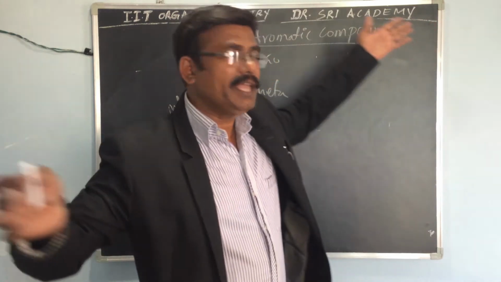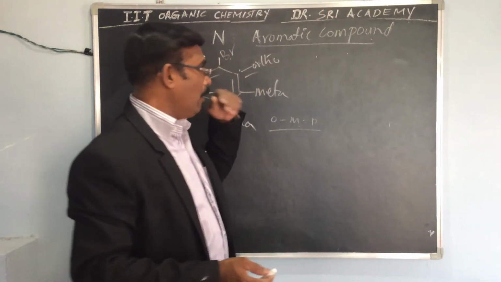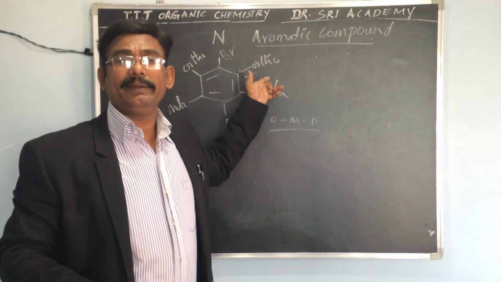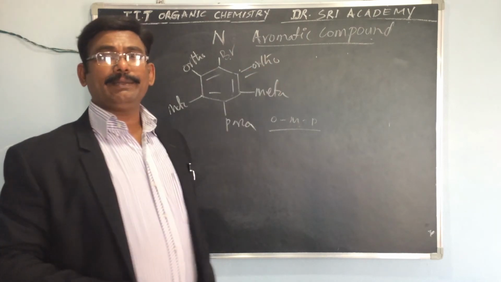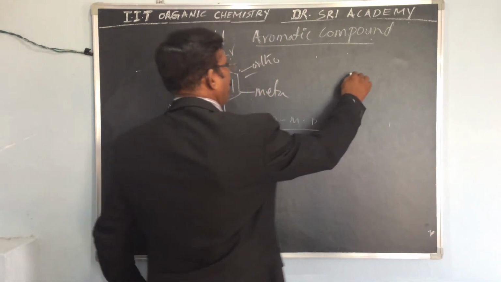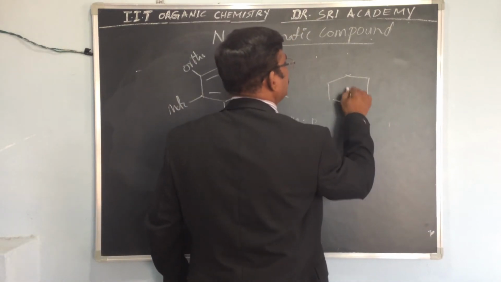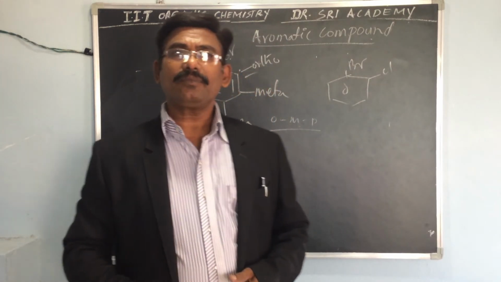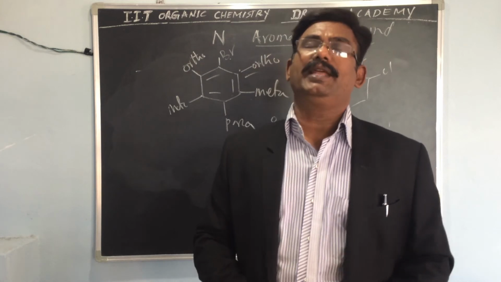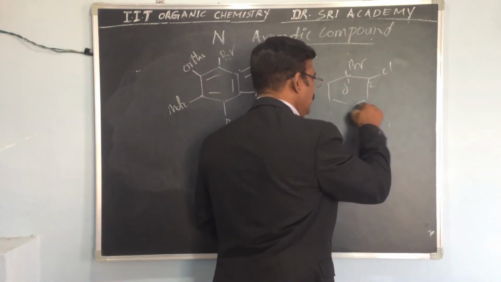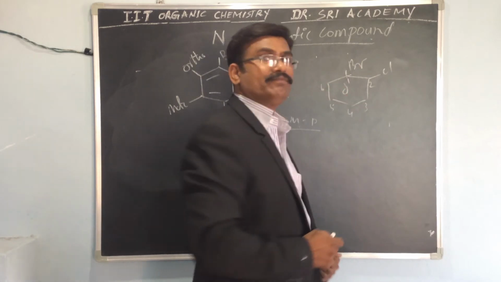Okay. So it depends upon the priority. In the case of bromobenzene containing one other chloro group, how can you give this name? So the positions are 1, 2, 3, 4, 5, 6.